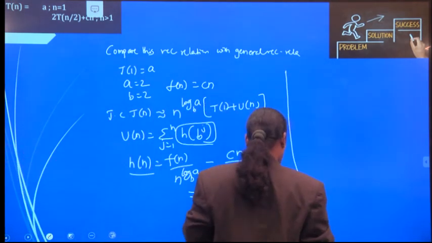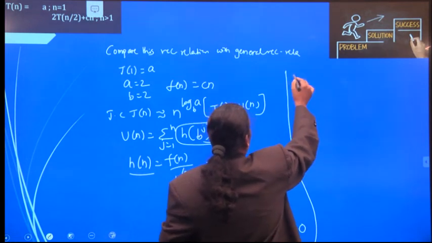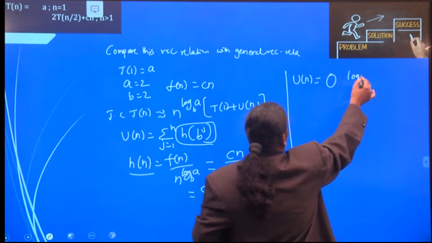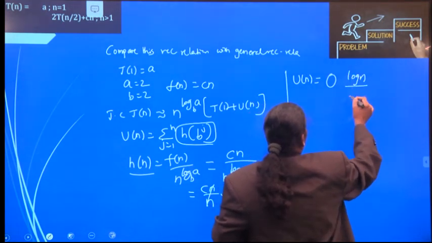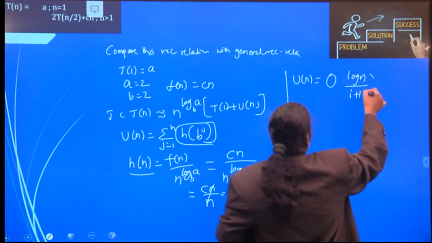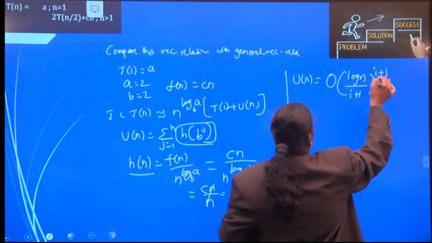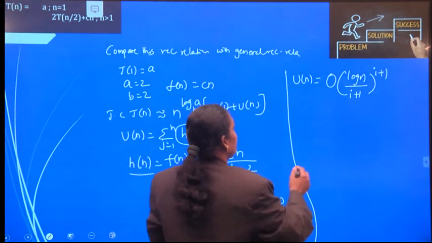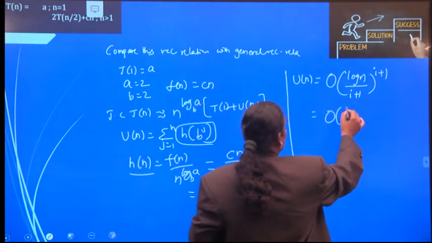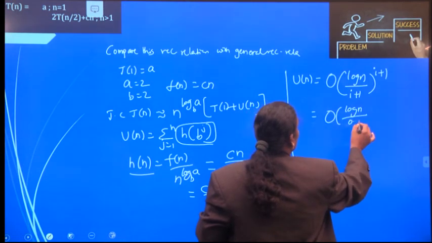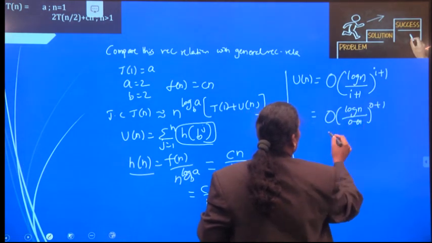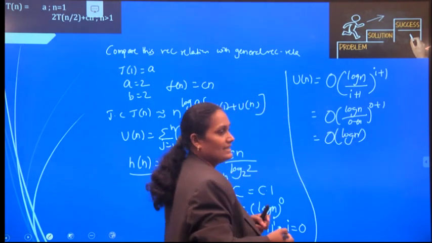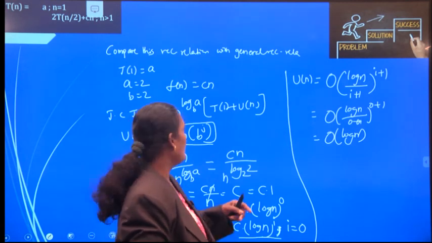Here, when h(n) is equal to big O of (log n)^i, then the corresponding value of U(n) is big O of (log n)^(i+1) by (i+1). Here the i value is 0, so you get (log n)^(0+1) by (0+1), which is nothing but big O of log n. You will get U(n) as big O of log n.